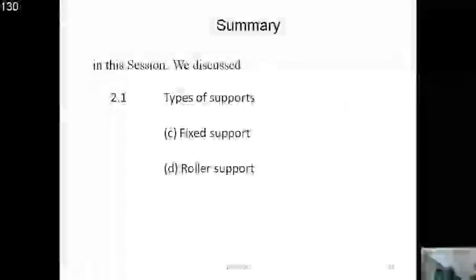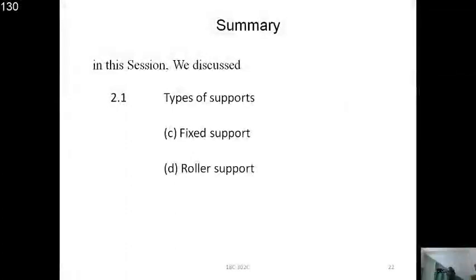About the types of supports, we have especially seen fixed supports and roller supports. We understood that a fixed support offers three types of reactions: it has reactions against horizontal and vertical forces, and it also restricts rotational movement, so it offers moment resistance also.